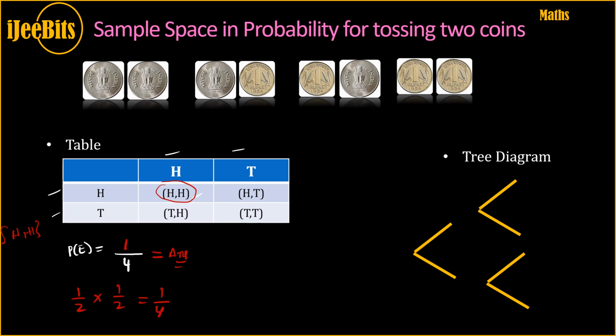These are two independent coins, and you can calculate two independent probabilities and multiply them to get the combined probability of getting two heads when using two coins. So from this tree diagram also, the math will come.